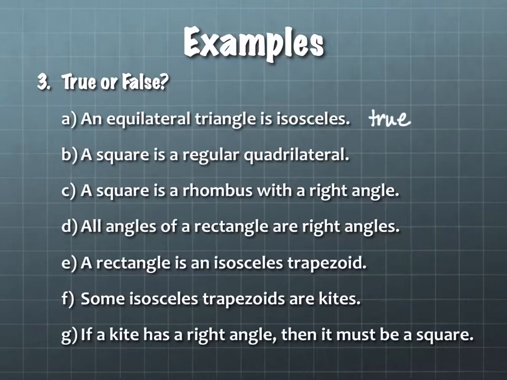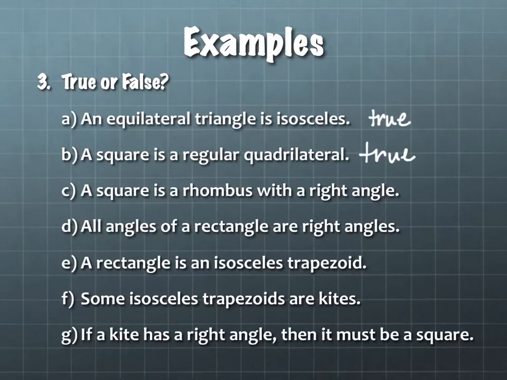A square is a regular quadrilateral. It's true. Quadrilateral, certainly it's that, right? It's got four sides. Regular means it has four equal angles and four equal sides. That's a square. So that one's true.